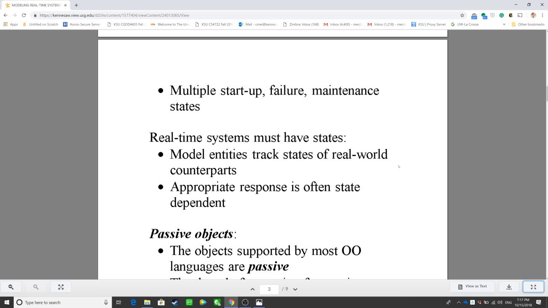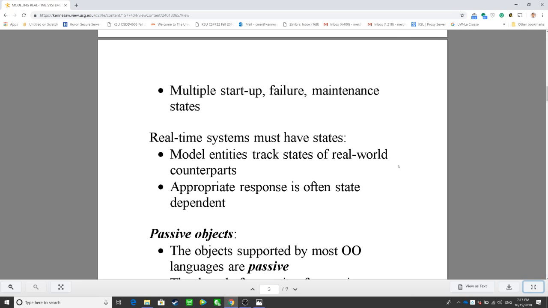Okay, but here the event is the same. The event is I offer $50 to go from school to home. The event remains the same, but is the reaction of the system the same? No, because the system is in a different state.